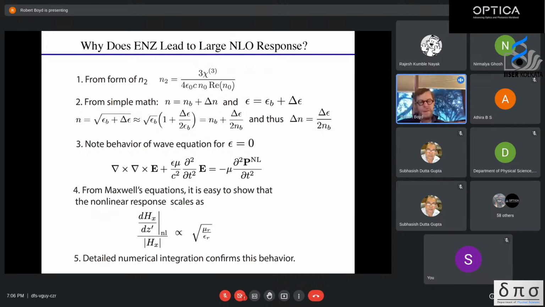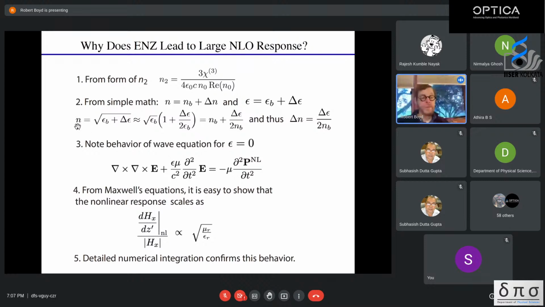Okay. Why does epsilon near zero lead to large nonlinear response? Well, I've already told you that this is one way of understanding it. Actually, this is a specific case of something very simple. Let's say that the refractive index is a background value plus some change in refractive index. Epsilon is a background value plus some change in epsilon. So how do we relate the two?